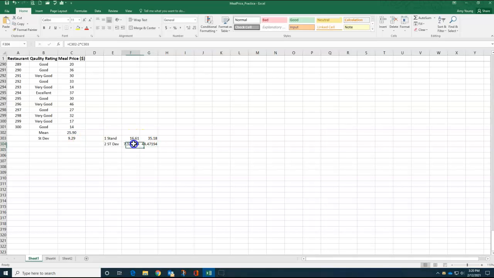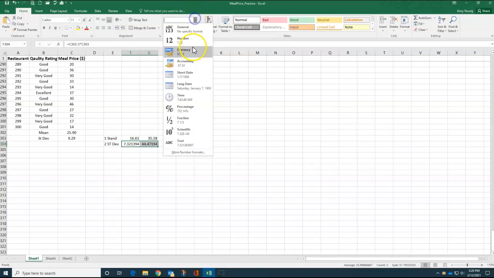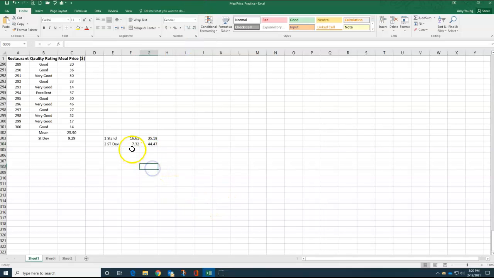And again, let's change these guys to numbers because those are not very nice. So within 2 standard deviations, that means that I expect my data to go from $7.32 up to $44.47. And we expect about 95% of our data to fall within 2 standard deviations of our mean.